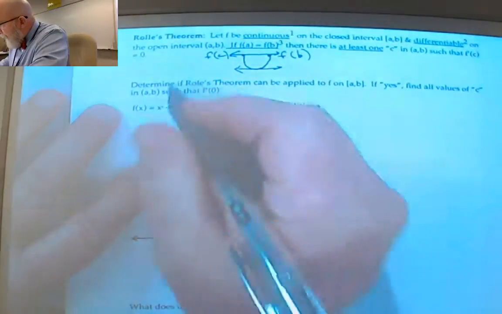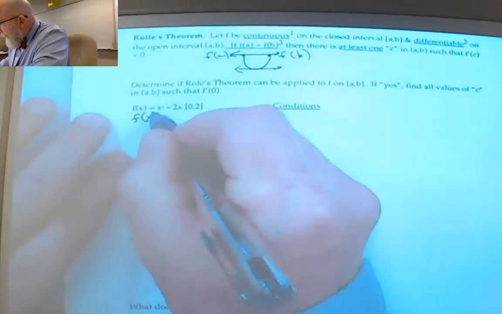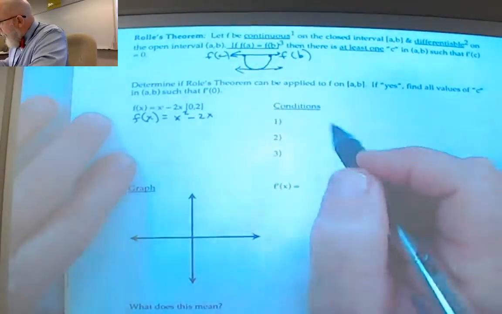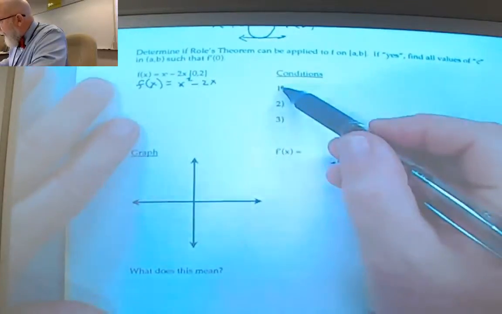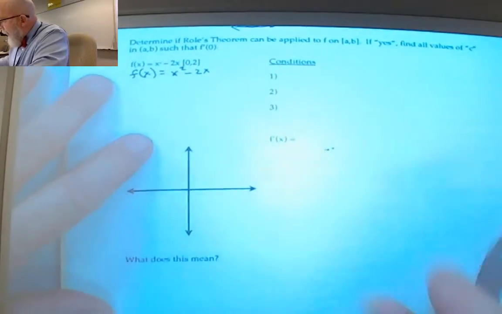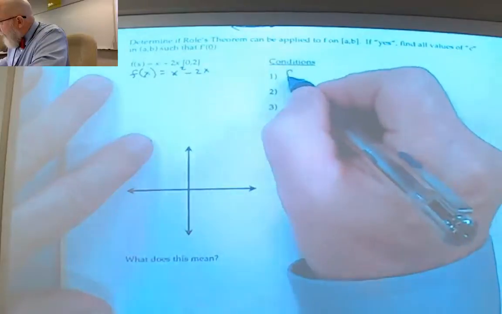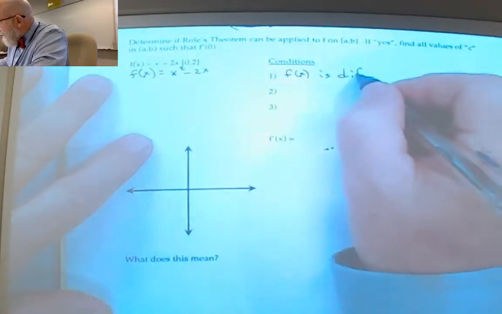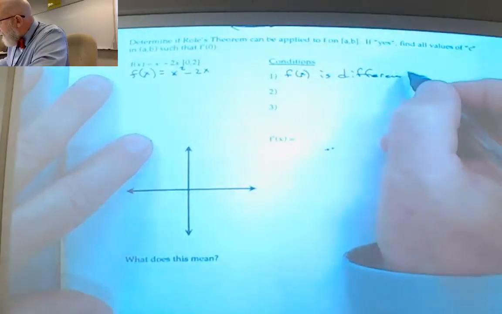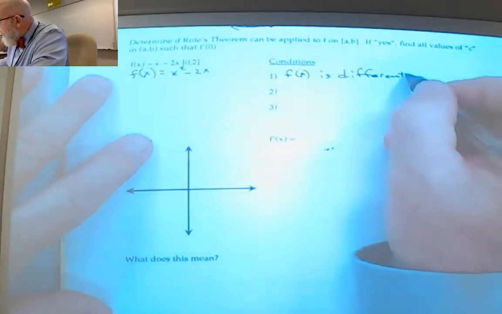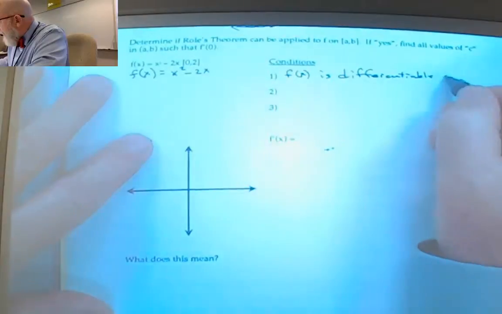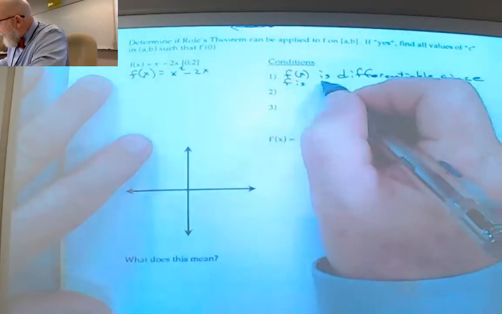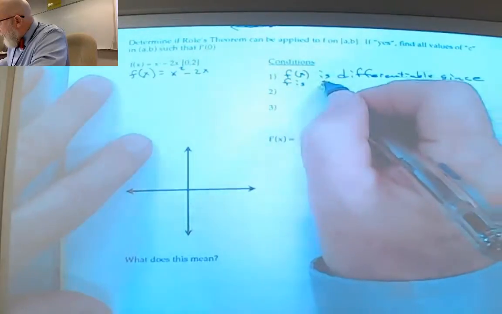So this is supposed to be f of x equals x squared minus 2x. And I'm going to start out this way. There are 3 things I have to show. F of x is differentiable since f of x is a what?